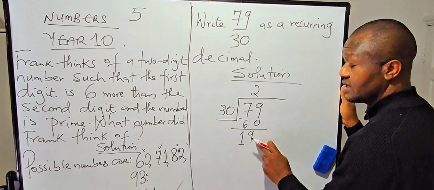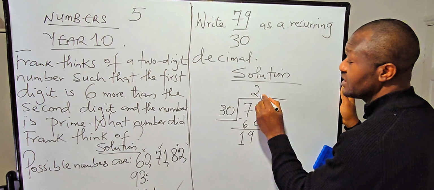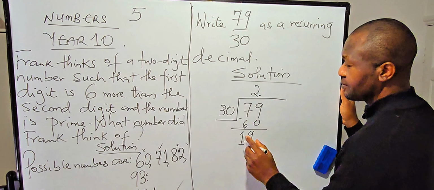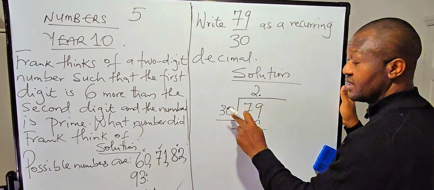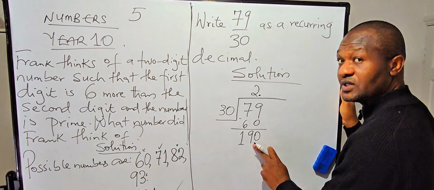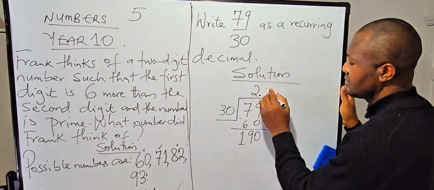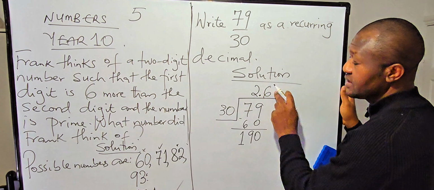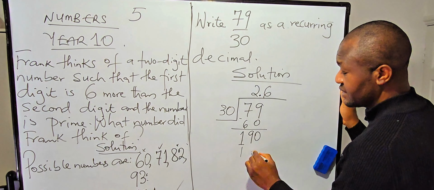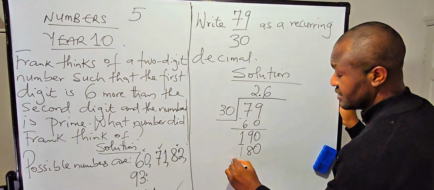30 into 19 cannot go. So you put a decimal point here, then add 0. 30 into 190 will go 6 times. 6 multiplied by 30 will give you 180.